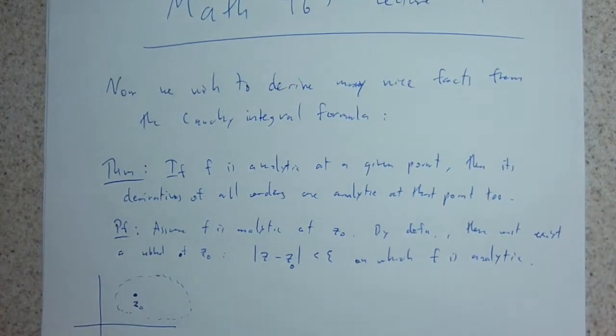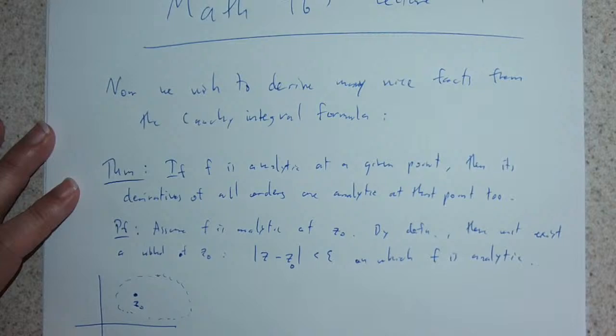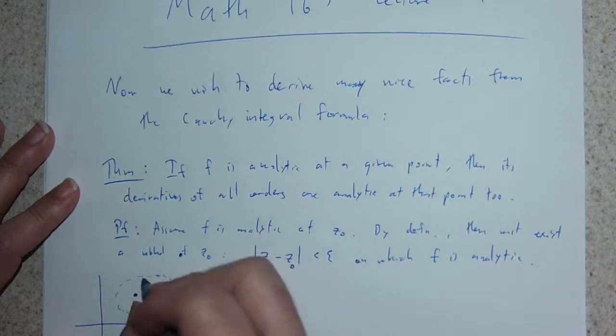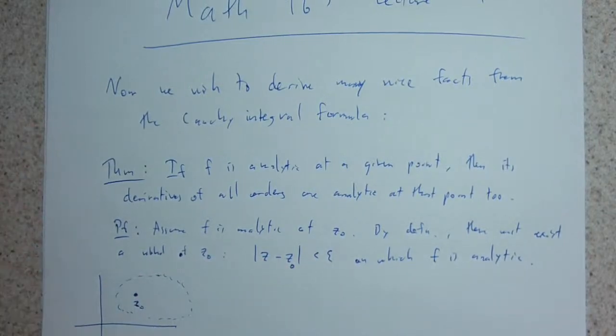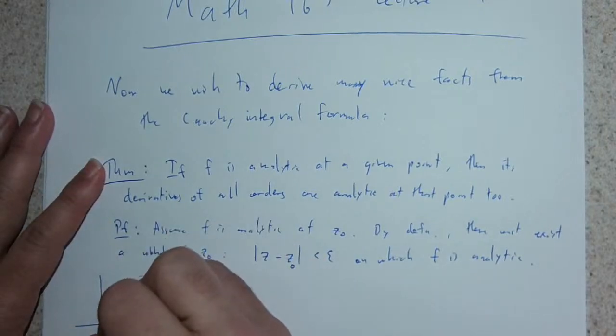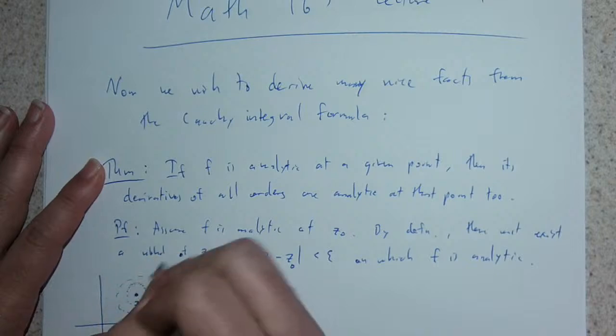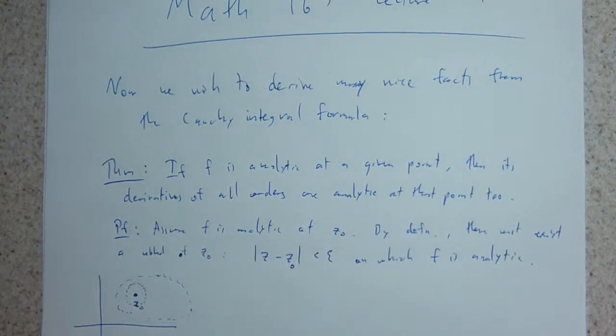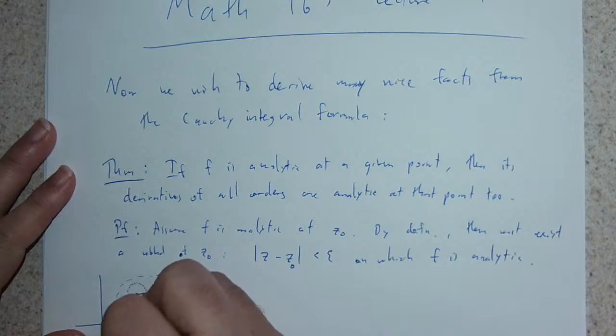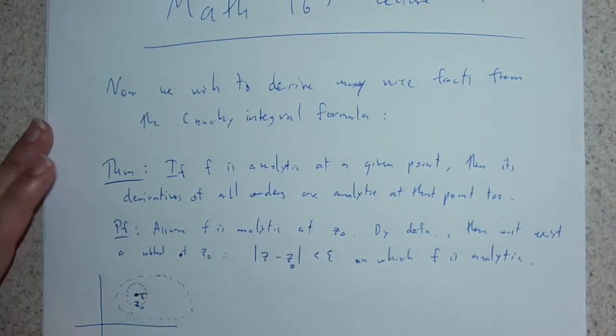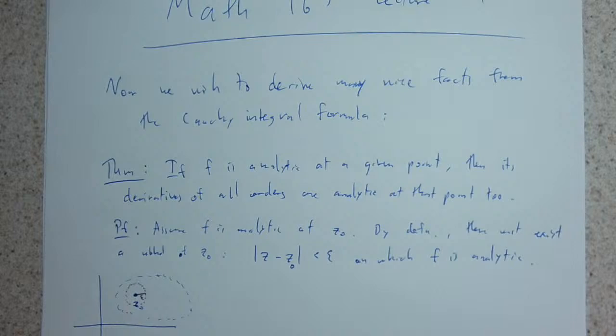The idea here is that there's some neighborhood at this point, and we'll say this neighborhood has radius epsilon, on which f has to be analytic.